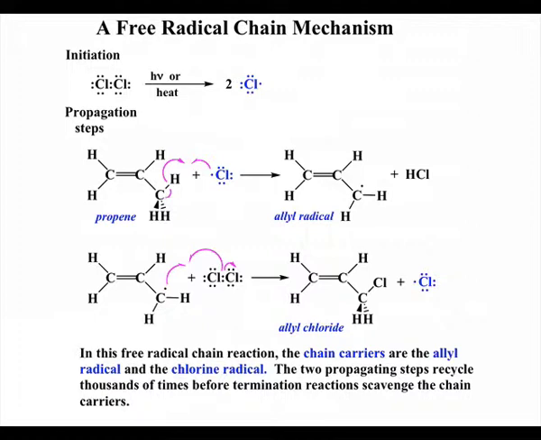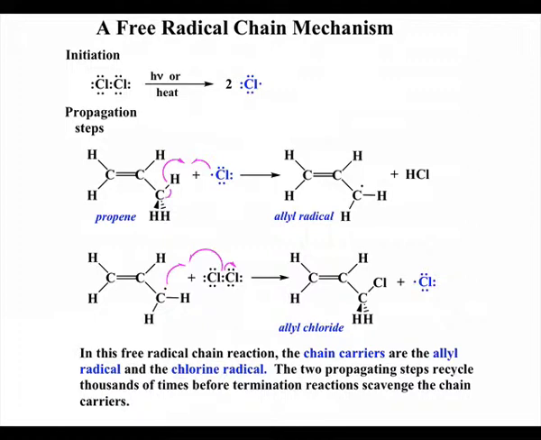No radicals on the left, radicals on the right. Very good. So the first step that we see up there is the initiation step where the chlorine molecule is either being heated really, really high or we're using strong UV light to break that weak chlorine-chlorine bond and we get radicals. Once we get radicals, we're initiated and we go into a free radical chain process.